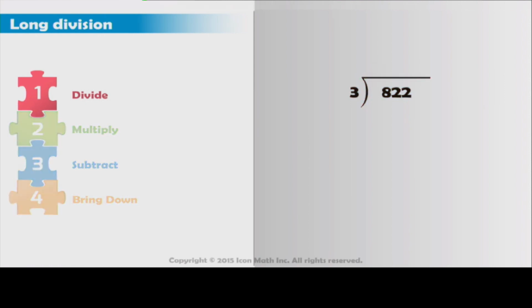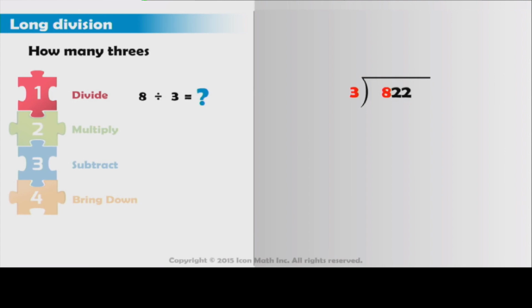So first step, guys, we begin with the digit in the largest place value in our dividend, which is 8. And we try and divide it by our divisor. 8 divided by 3. Can we evenly divide 8 by 3?